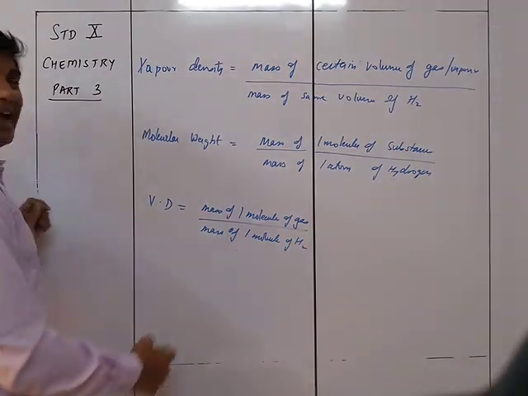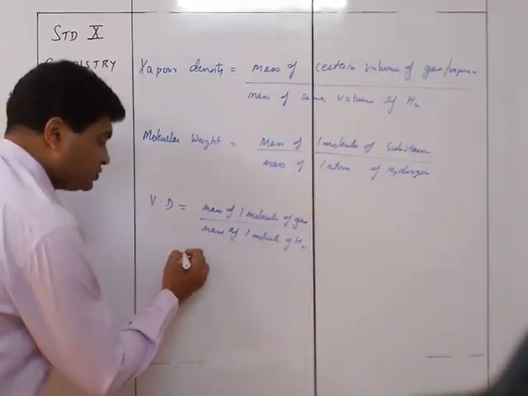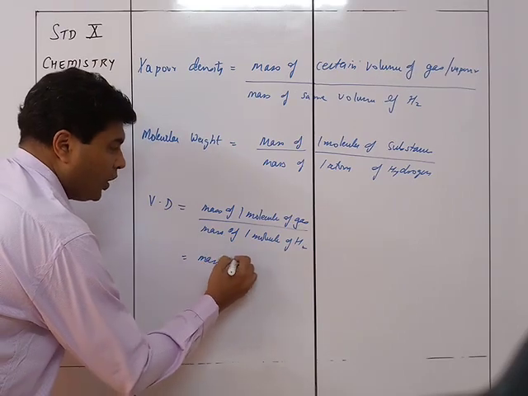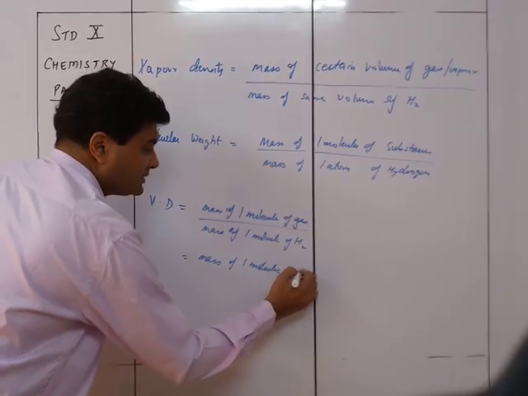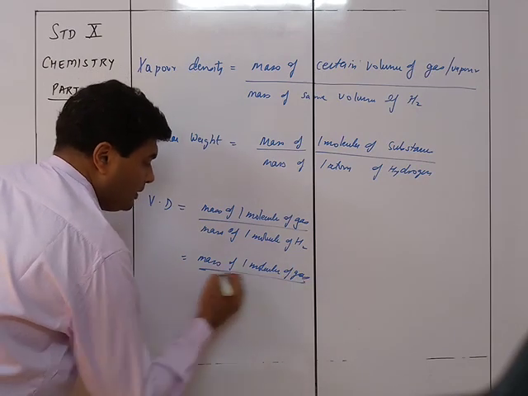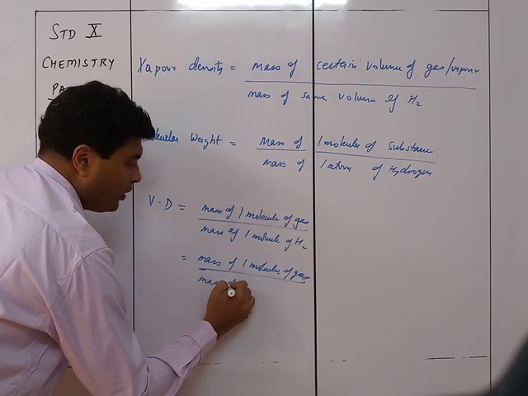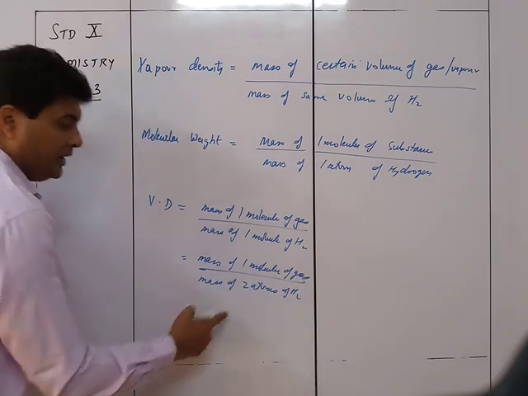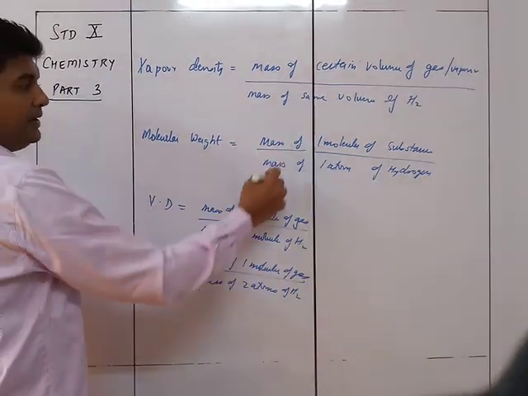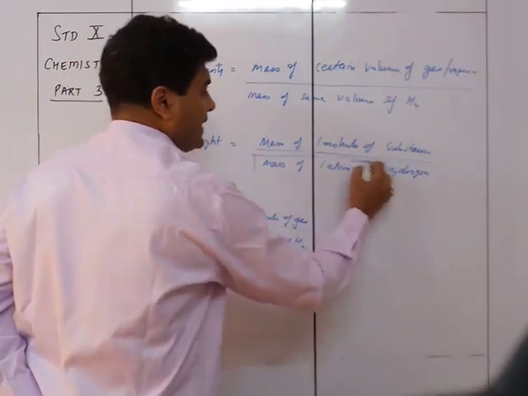Now you know hydrogen is diatomic, so it is 2 atoms of hydrogen. So it is the mass of one molecule of gas upon the mass of 2 atoms of hydrogen. Now 2 atoms of hydrogen means, if I see this one, it is the mass of one atom of hydrogen.